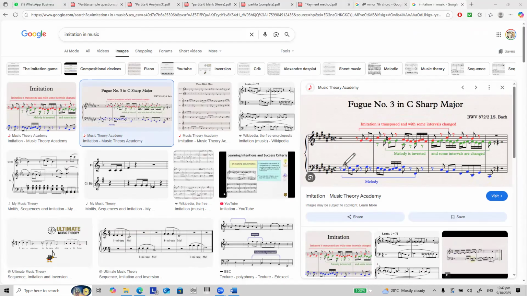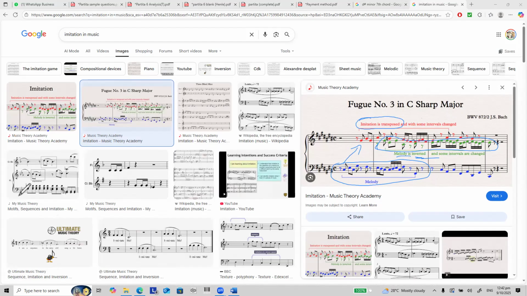For example, the left hand sings this melody and then the right hand answers. The melodic shape must be the same. Sometimes they are modified and inverted, or sometimes the imitation is transposed. So the melodic shape and the rhythmic pattern look very similar. This is the first type of imitation, which happens in different parts. It happens immediately, but in a different voice.